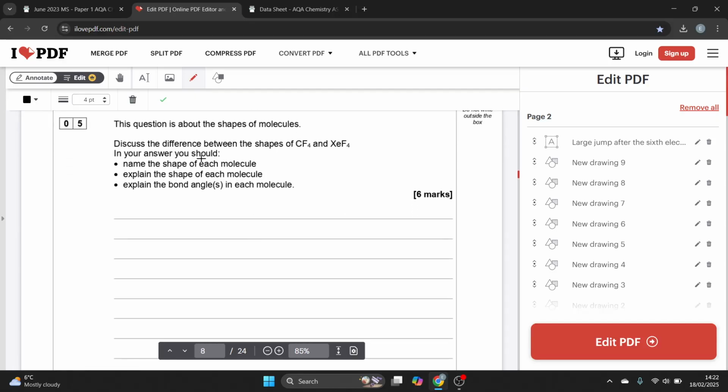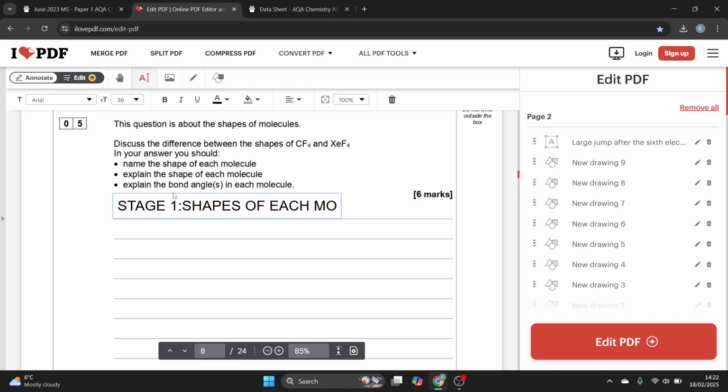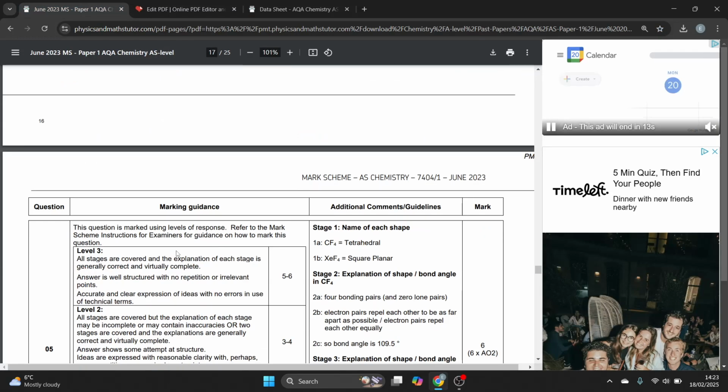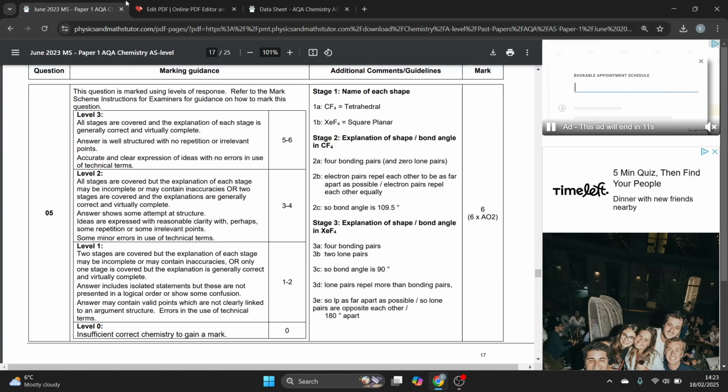Question 5, discuss the difference between shapes of CF4 and XeF4. Beautiful question if you really are confident with the shapes of each molecule. So I already know XeF4 is square planar, CF4 is tetrahedral.